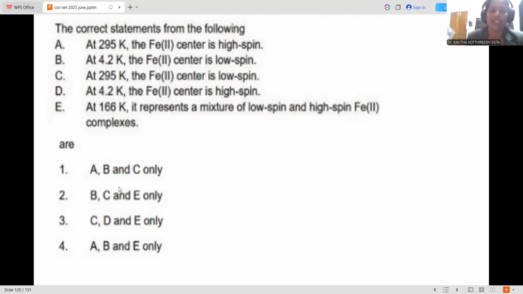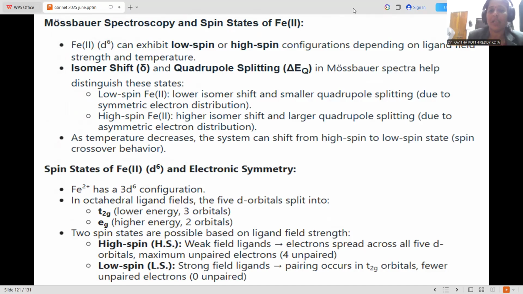That identification requires problem analysis first. The question is taken from analytical chemistry, Mossbauer spectroscopy and spin states of iron plus 2. Obviously, iron plus 2 is a d6 system, and because we have a chelating ligand, low spin is possible.